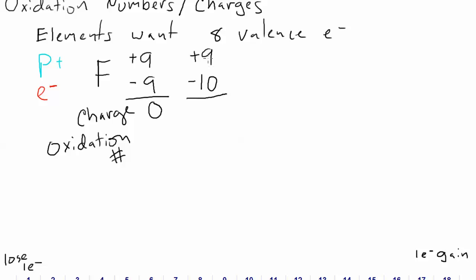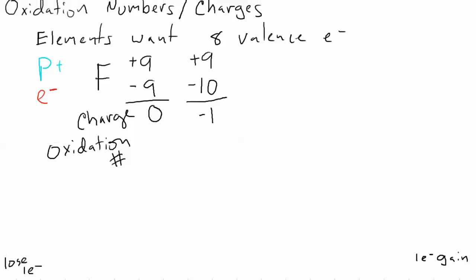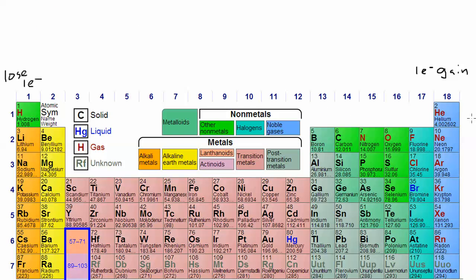So look at what happens. 9 minus 10 is negative 1. And so when fluorine gains the electron it wants, so that it can have 8 valence electrons, it becomes minus 1. And so the most common oxidation state or oxidation number for fluorine is minus 1.